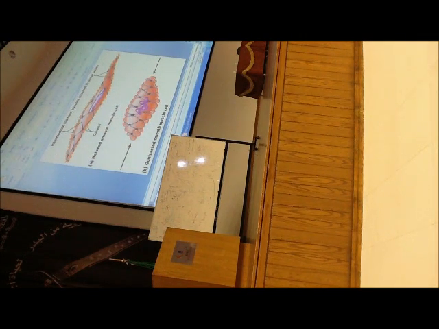Is troponin present in actin filaments of smooth muscle? No. So calcium is bound to troponin in actin filaments of skeletal and cardiac muscle, but it is not present in smooth muscle.